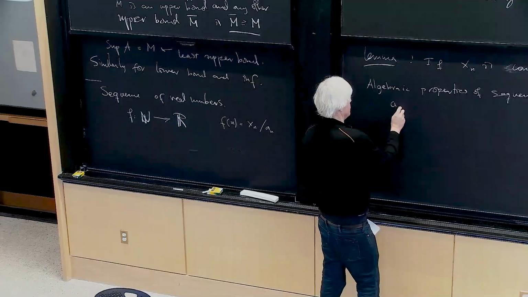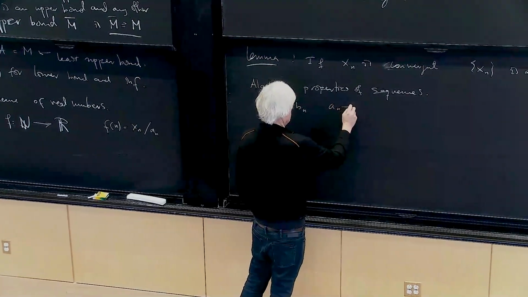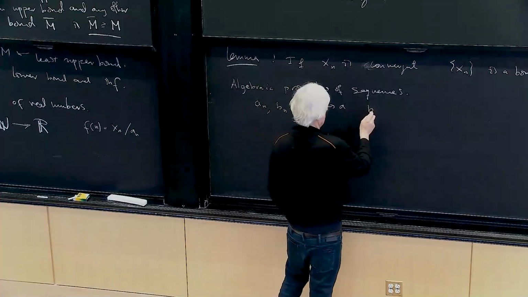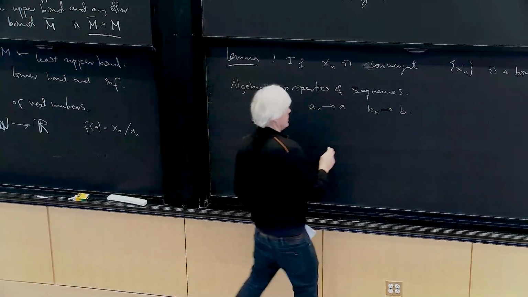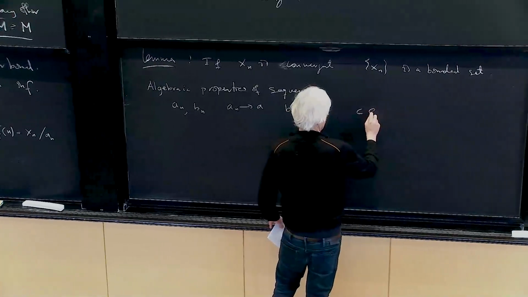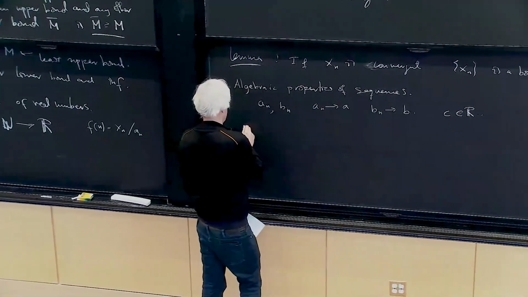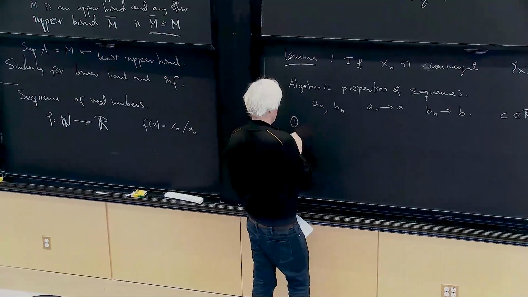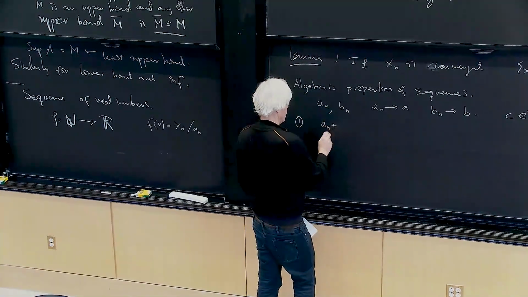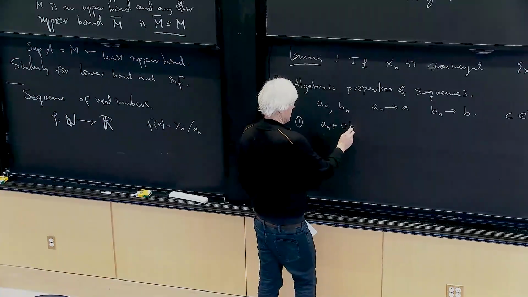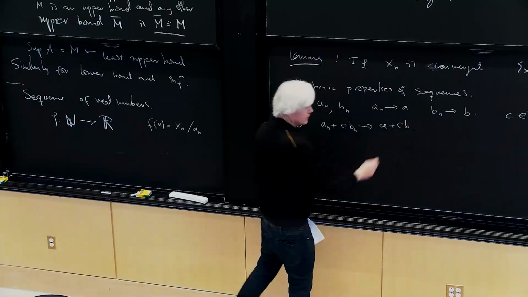If you take two sequences a_n and b_n, and let's say that a_n converges to a and b_n converges to b, and c is just a constant, then you have that a_n plus c times b_n converges to a plus c times b.